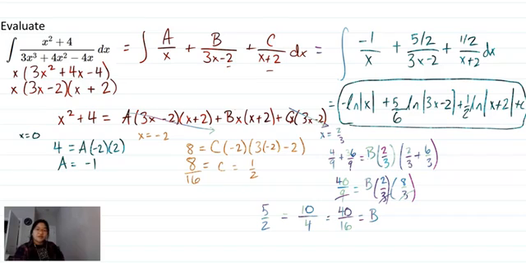The more terms you have, the more tedious it gets. This could also be solved not using this plugging in trick if you so desire. You could set up a system of equations. I think you get 3 equations here, because you would have an x squared terms equation, x terms equation, and a constant terms equation. It's just a lot more effort.